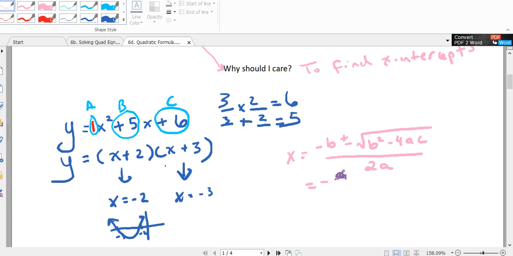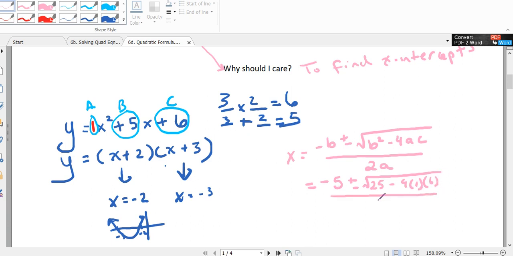So it's negative 5 plus minus square root of b squared. So b was 5, right? So 5 squared is 25. 25 minus 4. And what was my a value? 1. My a value is 1. And my c value was 6.